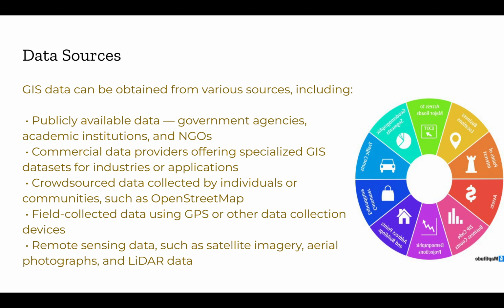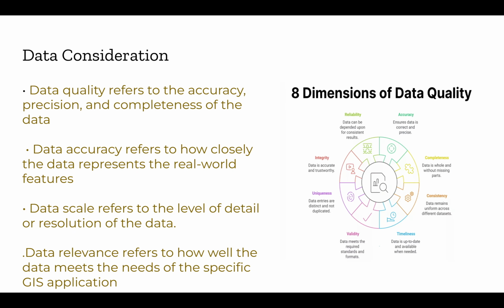Crowdsourced data like OpenStreetMap relies on community contributions. Additionally, field data collected using GPS devices and remote sensing data from satellites or drones add real-time and high-resolution insights. The diversity of data allows GIS to be used across fields like transportation, health, and environmental management.